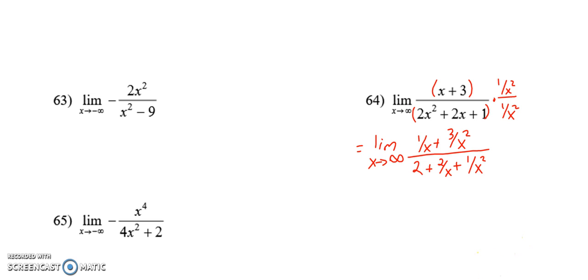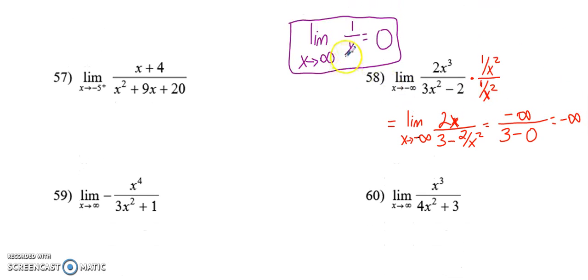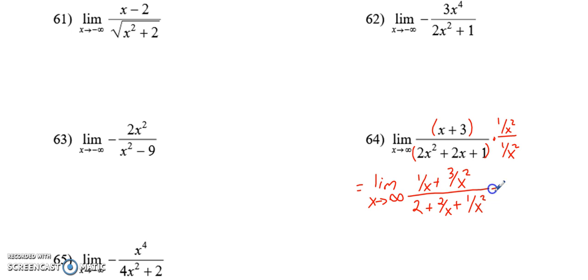Again, it doesn't look very nice now, but if we go back to this special limit right here, that makes things a whole lot nicer. As x goes to infinity, 1 over x goes to 0. 3 over x squared, as x goes to infinity, goes to 0 also.